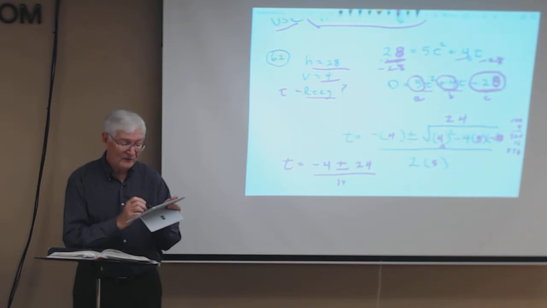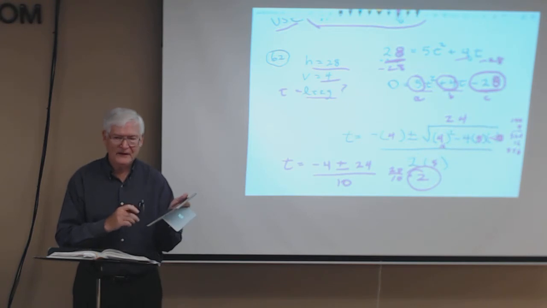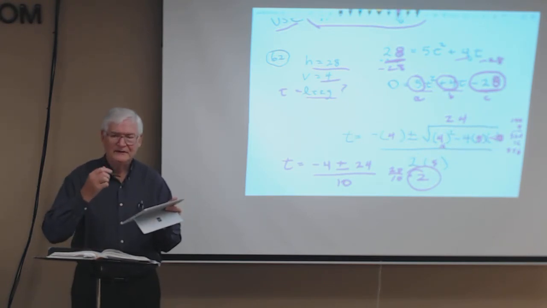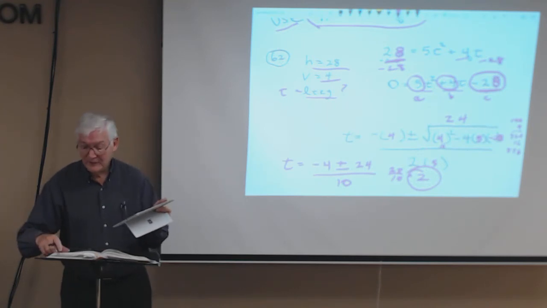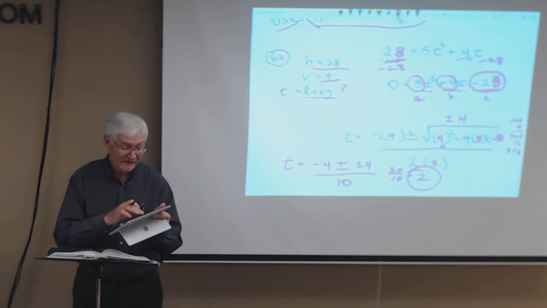Negative 4 minus 24 would be a negative number. Time is going to be positive, so it would be negative 4 plus 24, that would be 20 over 10. So 2 seconds would be the time. You follow the thinking? The one that doesn't make sense is called an extraneous solution. It'll solve the equation, but it wouldn't work in real life.